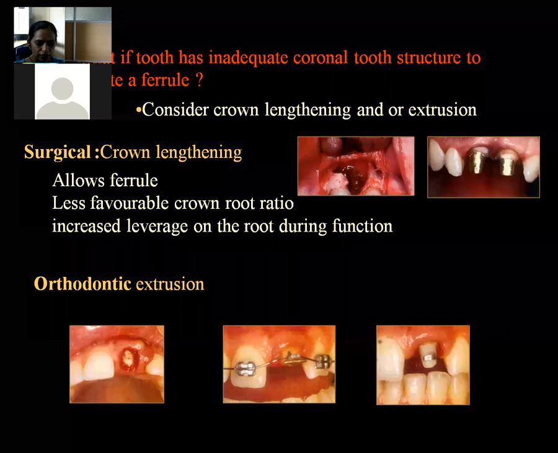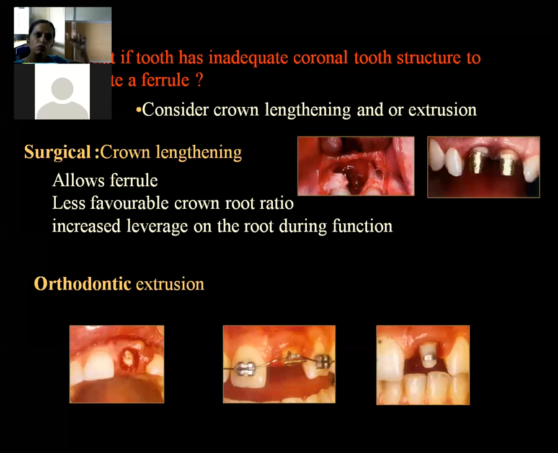For doing this, one more thing is needed: the crown-root ratio also we have to consider. Minimum, half of the root should be there and half the crown portion. Minimum, I am telling you. You have to consider the crown-root ratio before going for orthodontic extrusion, surgical extrusion or crown lengthening.